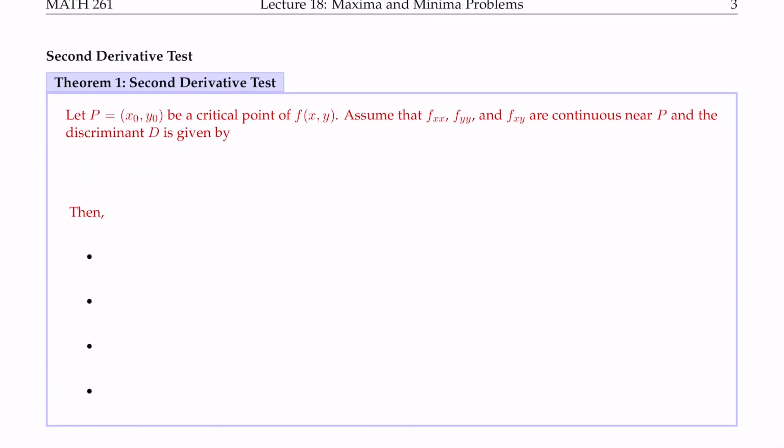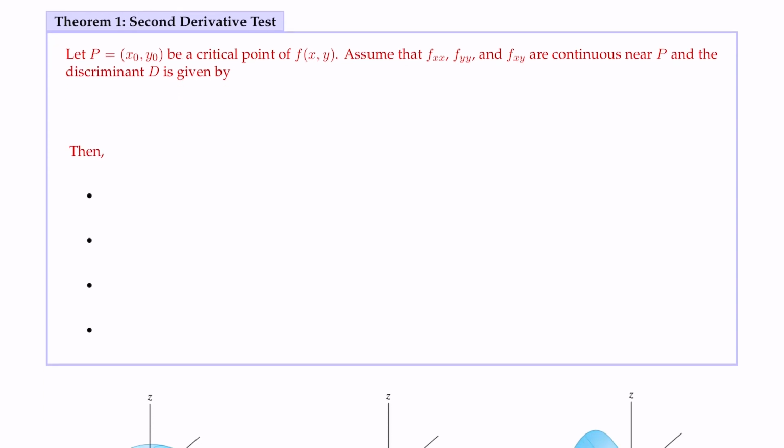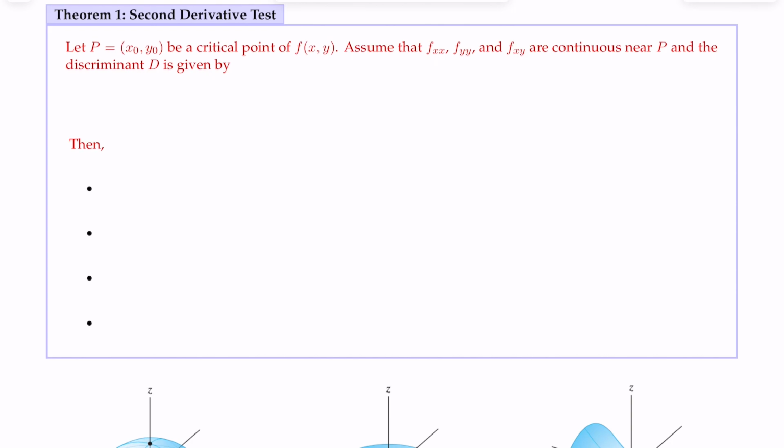The second derivative test will allow you to locate a local minimum or a local maximum. And also there's a new concept called the saddle point that may occur in the graph of the surface of a function of two variables. Alright, so here goes the second derivative test. Let p equal to (x0, y0) be a critical point of the function f of x y.